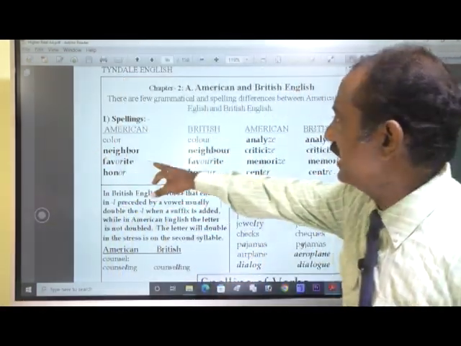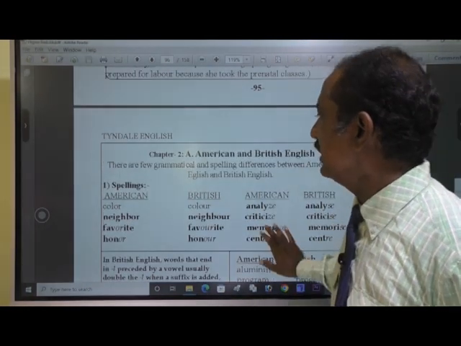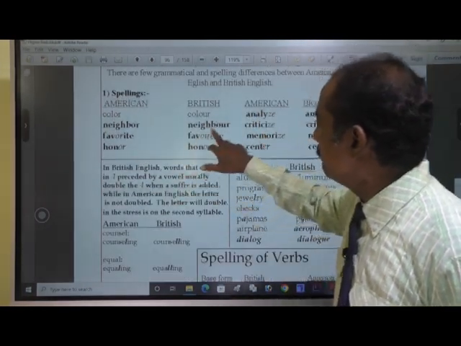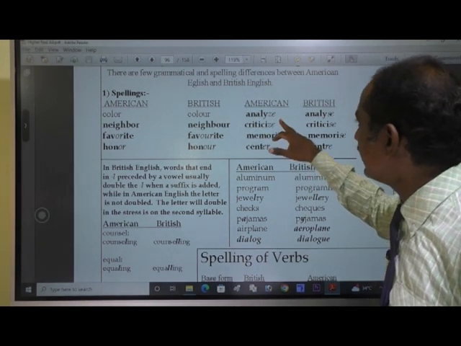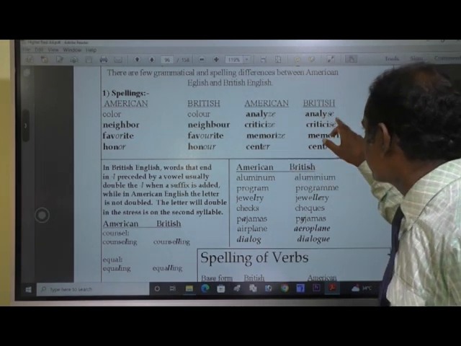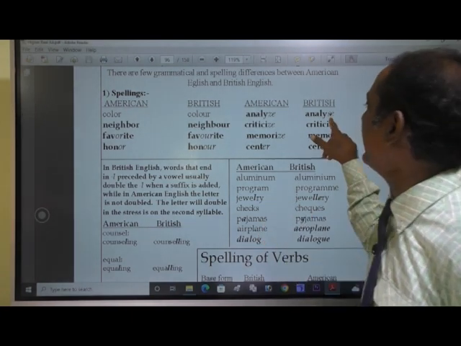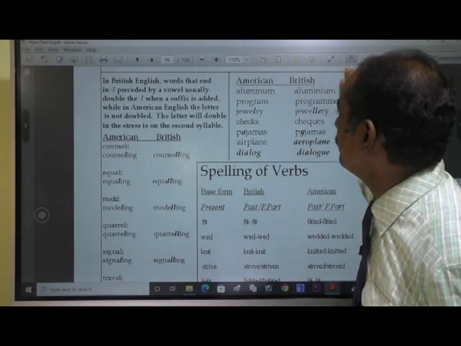Here, spelling differences. Neighbor without U is American; neighbour is British. Analyze, Americans use Z; analyse, Britishers use S. In that way, so many things.